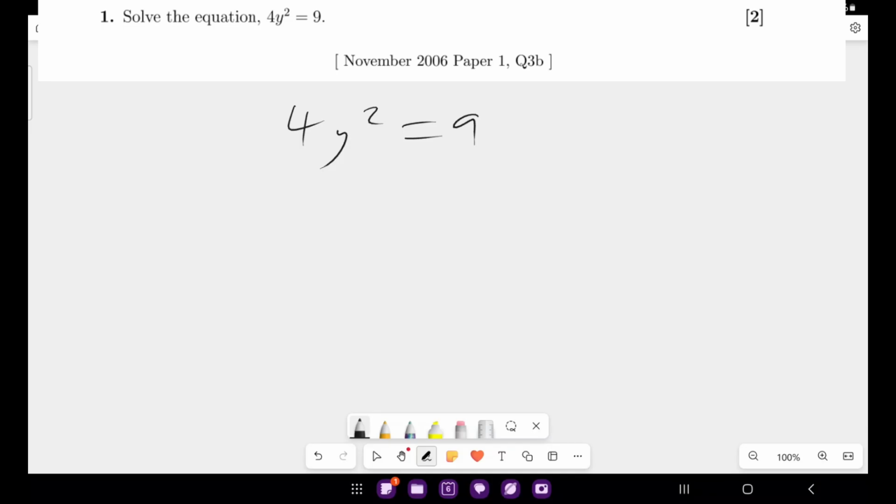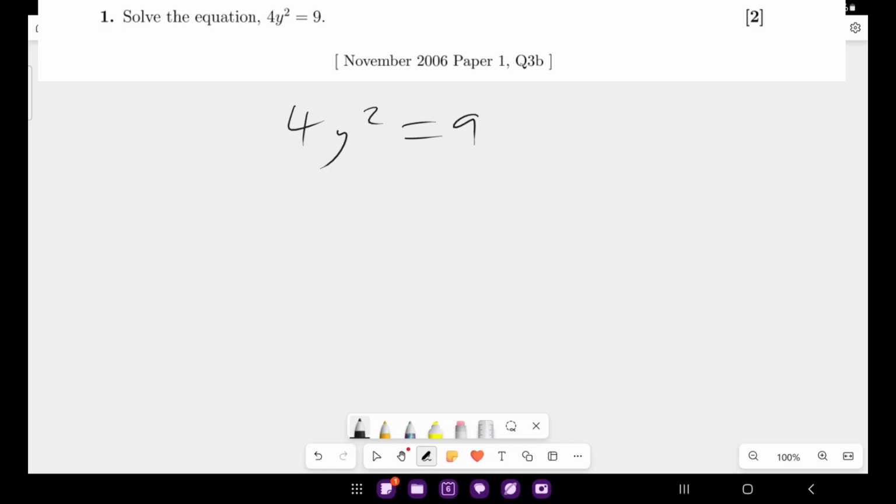Underneath each question you see the details. Like question number 1, it says November 2006 paper 1 question 3b. So now you have the chance to go into the past examination paper and check, is this question really there? It will be really there because I would have done the research for you.